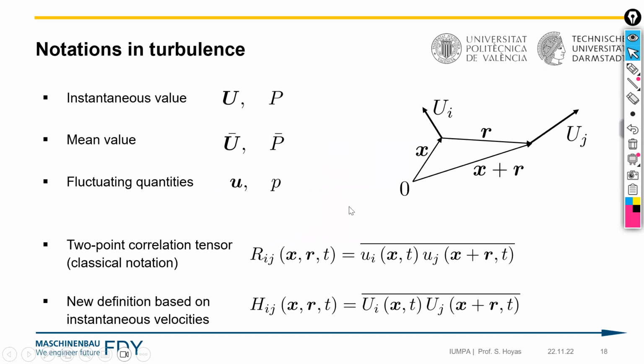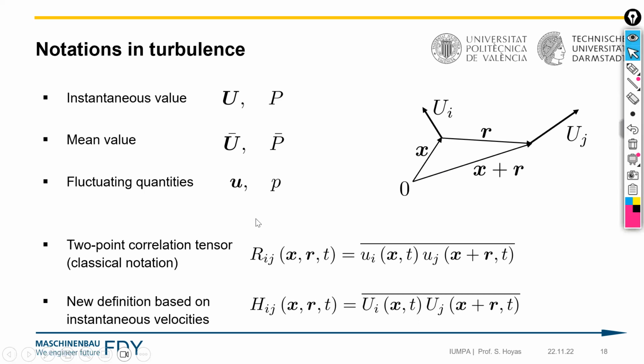Basically, in turbulence we are always talking about the instantaneous value, which is the value that you see, the mean value, which is the value that you get after averaging the flow, and the fluctuating quantities, which we can say are a kind of ordered noise. Since Reynolds, at the beginning of the 19th century, people have been decomposing the instantaneous value as a mean plus fluctuating quantities.